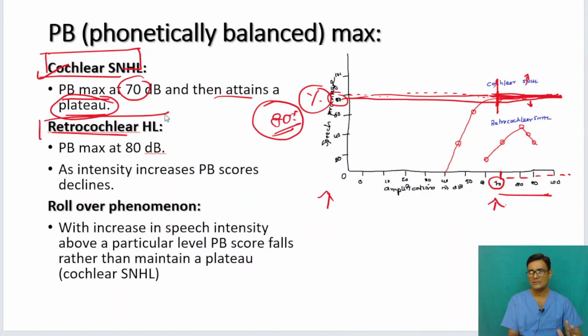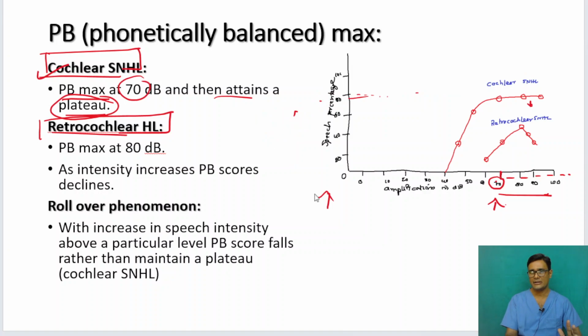Okay, what happens in retrocochlear hearing loss? In retrocochlear hearing loss, he attains PB max at a much later amplitude. That is, you have to increase the sound even further, to 80 decibels, and also you're not able to reach even 40.